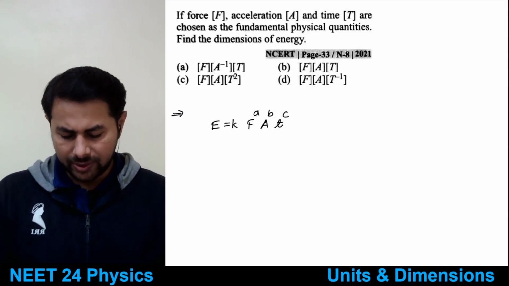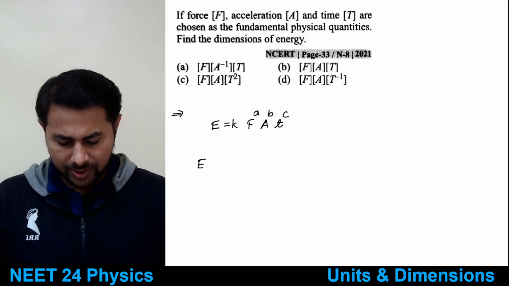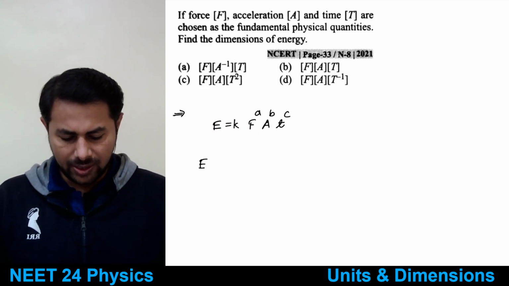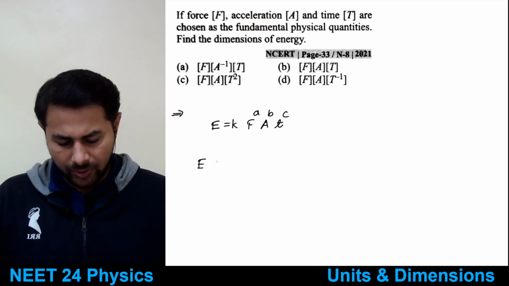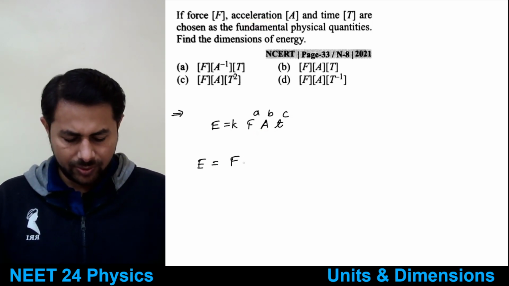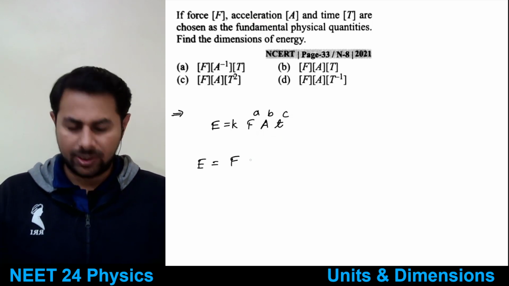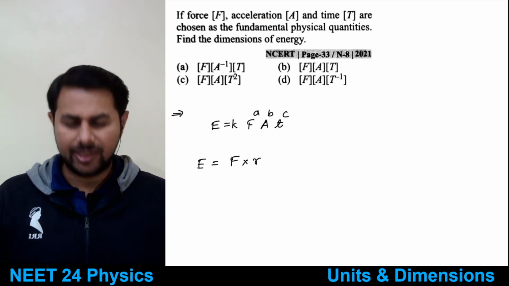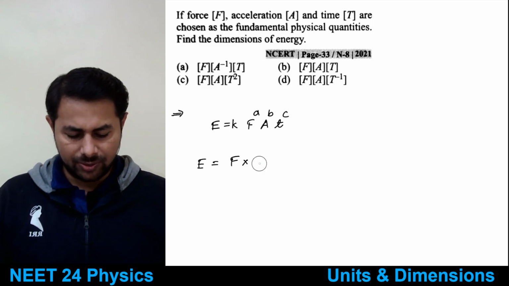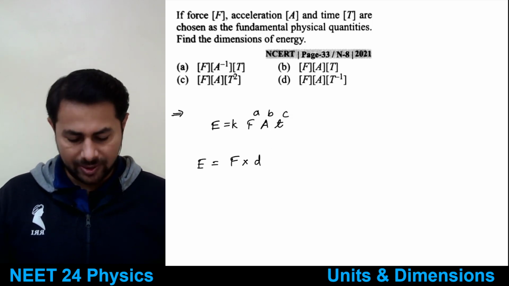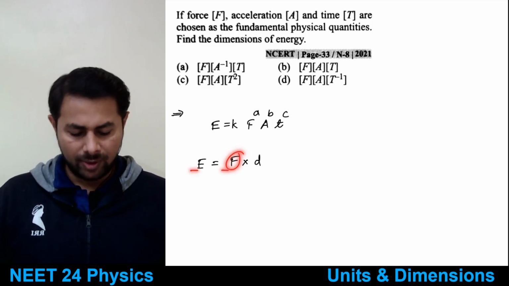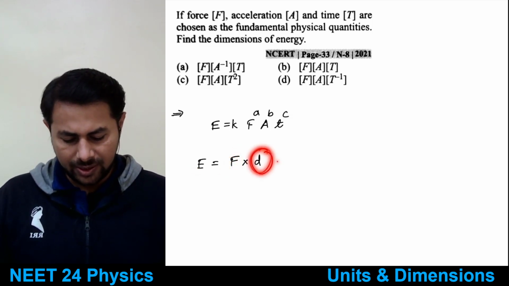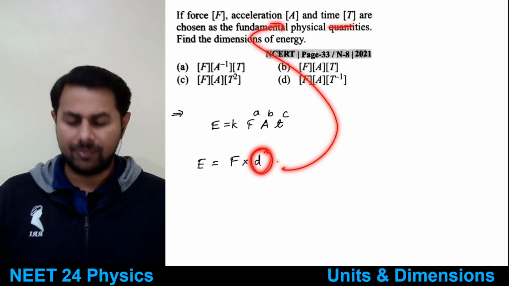So what we will do is, we know that energy is equal to force multiplied by displacement. Let's write d for displacement. F is already there in this formula. That means we need to represent d in terms of acceleration and time.